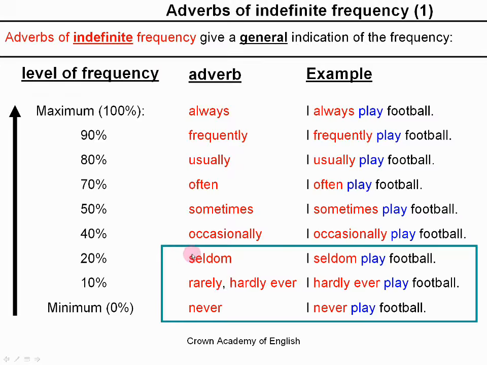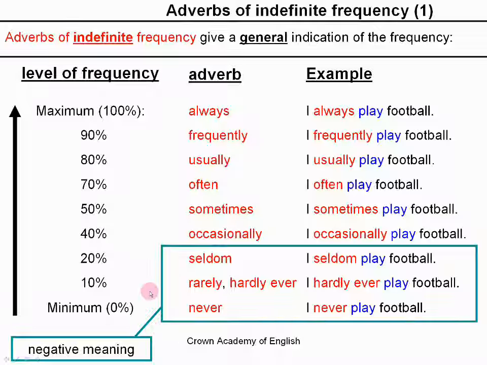Now, these last three lines, so seldom, rarely, hardly ever, and never, they all have a negative meaning. A negative meaning. Okay, so they have a negative frequency. So for example, if somebody asks you, do you often play football?